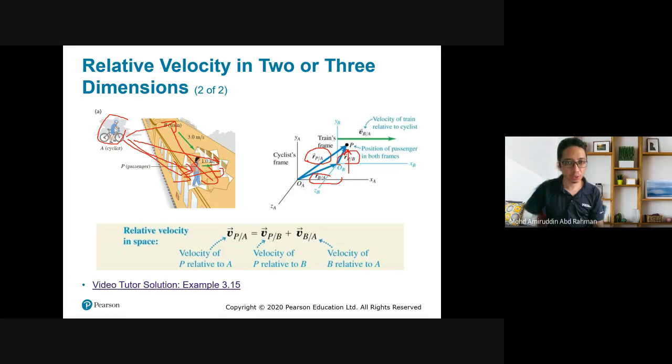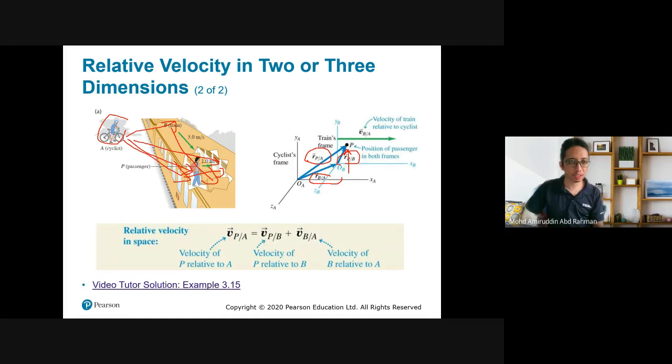So the frame, or the axis of the train, will be upward from the cyclist. It is because the train and passenger are moving in 2D motion right now.